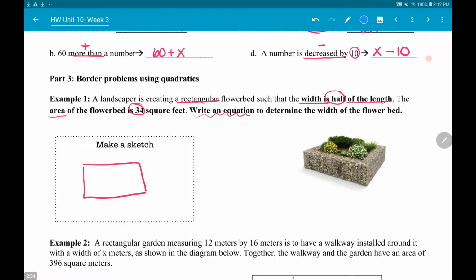Let's say this is our length and this is our width. Does not matter which one is which, by the way. We know based off the given information that the area is equal to 34. So area equals the length times the width, and we know that the area is 34.